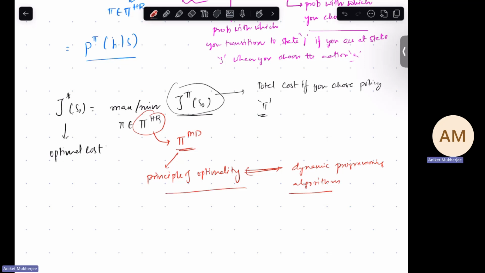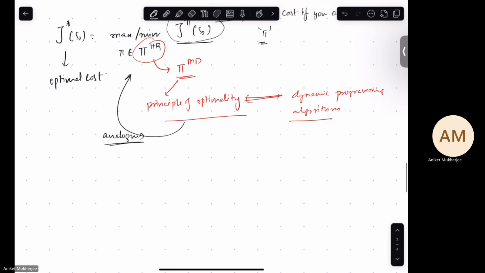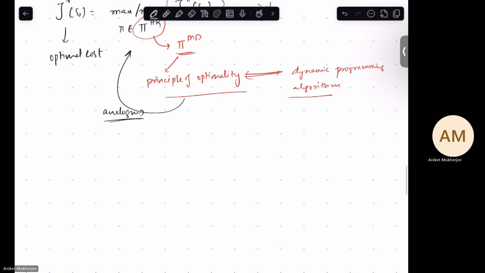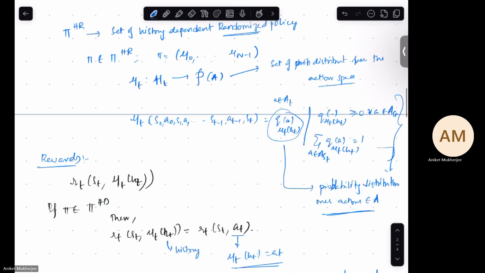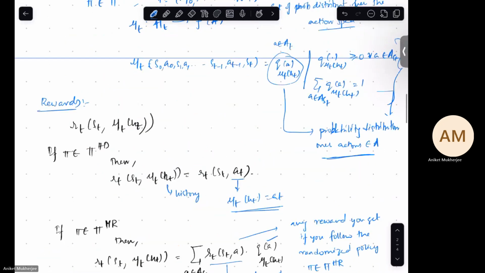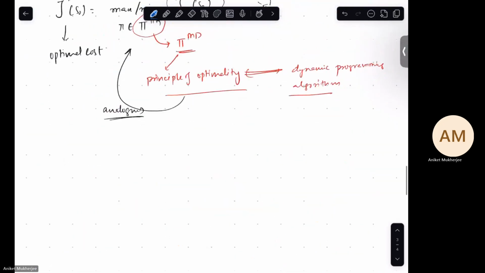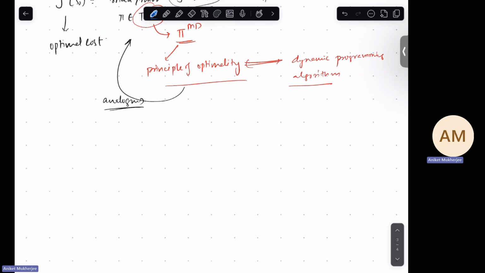Now, we want to do an analogous case for the history-dependent randomized policy. And in the last class we saw that there is actually an analogy between the history dependent randomized policy and the Markov deterministic policy.